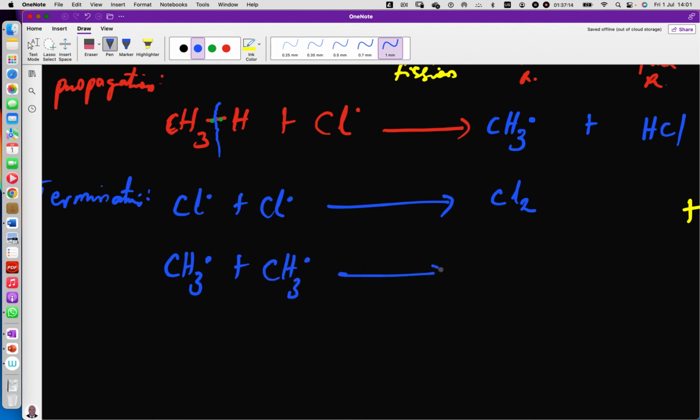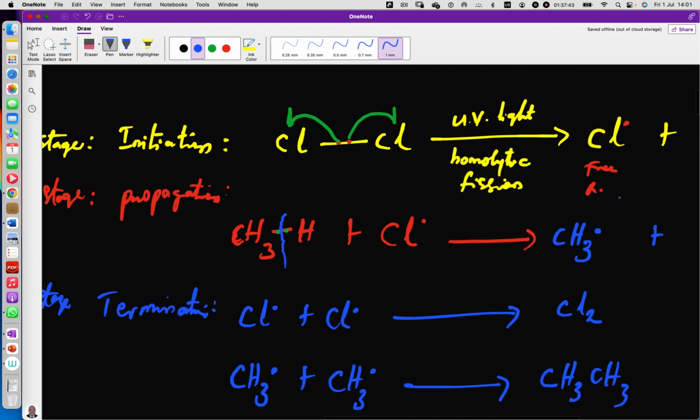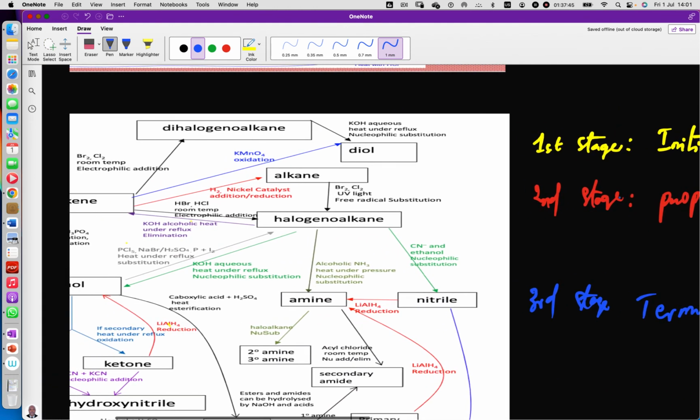The product is ethane. So at the termination stage, a free radical reacts with another free radical, and the reaction completes. Then at the propagation stage, there must be a production of a free radical, and then one free radical will react with the other one, and hydrogen chloride is formed. So these are the stages that we will undergo at this level.